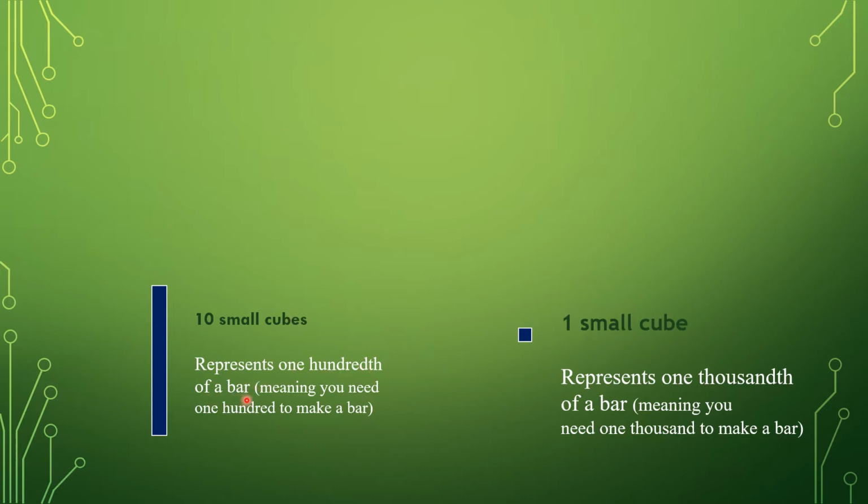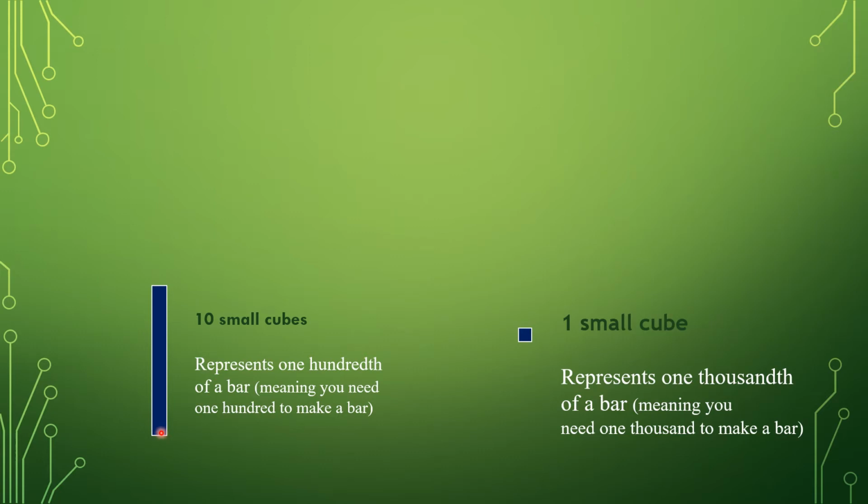Bar is the greatest representation that we will discuss. Now if you want to make a bar, then you will need 100 of these, because total cubes in a bar will be 1,000. So if you want to make a bar and you have only these with you, then you will need 10 long sticks like this, and one stick will consist of 10 small cubes.